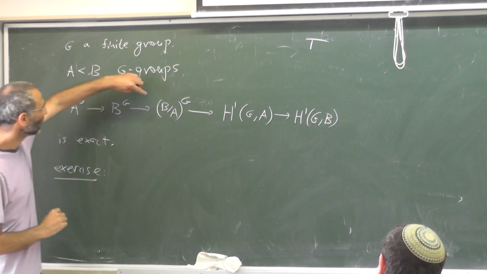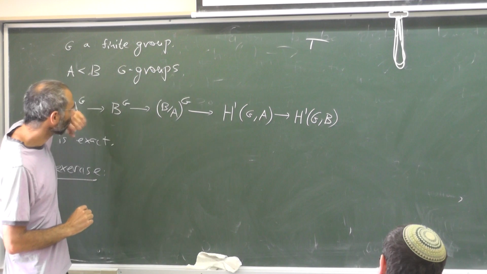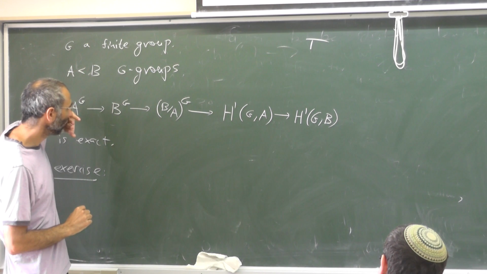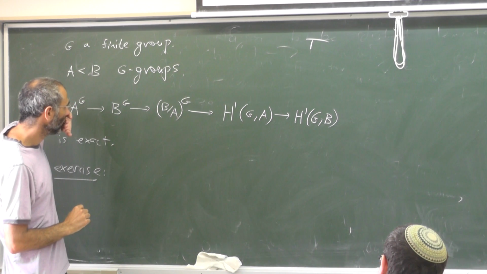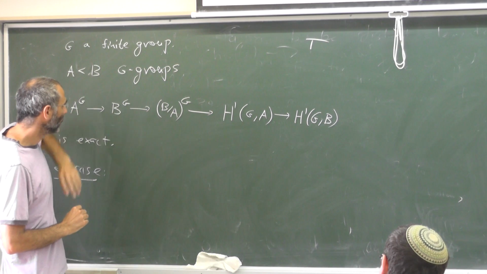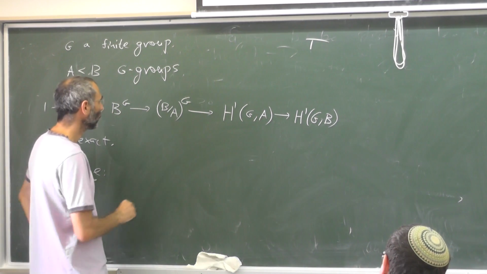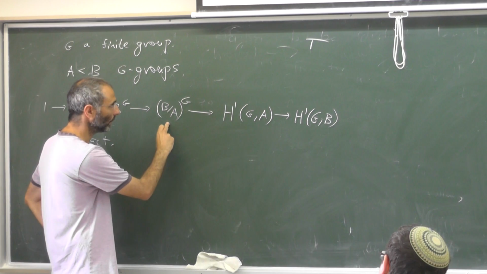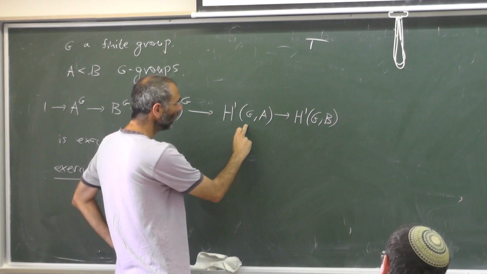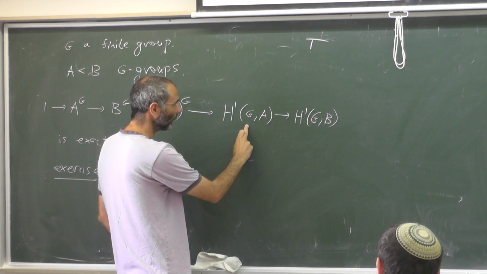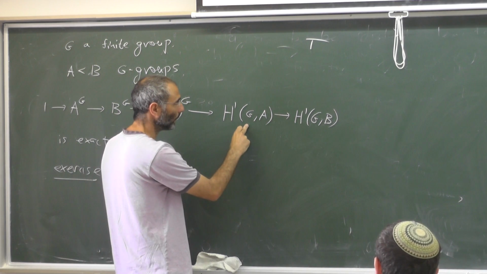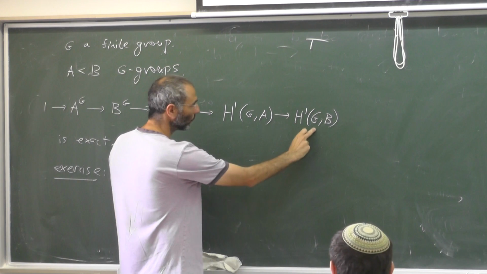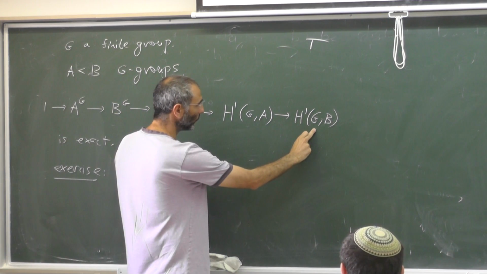The exercise was the following. Already before the exercise, let me explain something. Whenever I have an element here which is G-invariant, it will appear here as a G action on A compatible with the A action, and of course will go to 0 here.